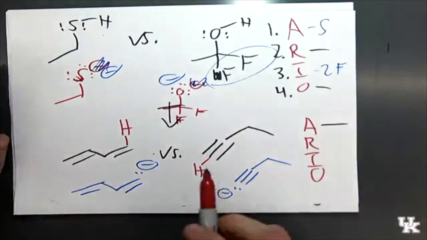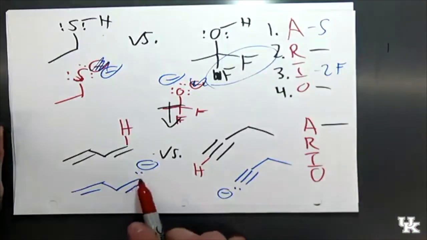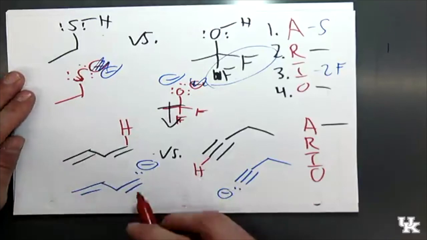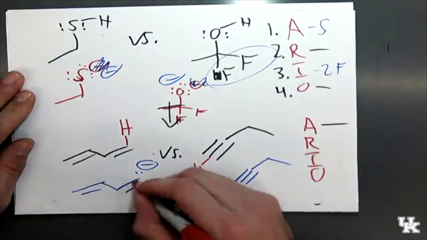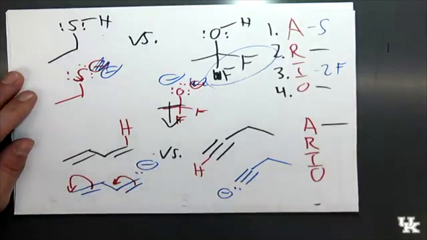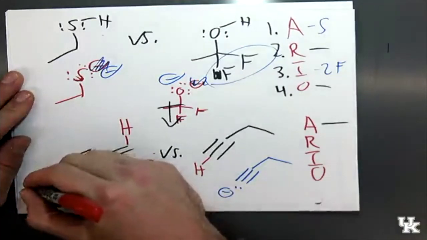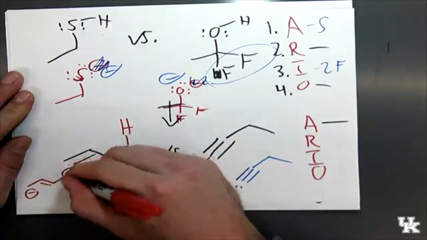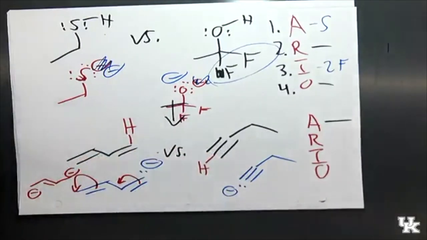And so now, without touching this negative charge, you could move the resonance, or you could move pi electrons around, just like we're allowed to do in any circumstance, and make that type of molecule.